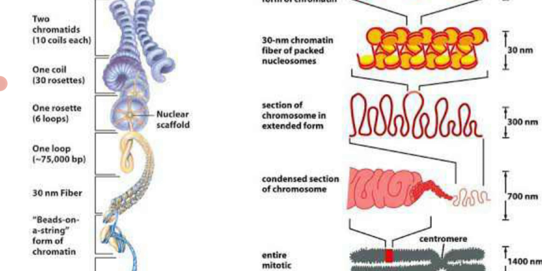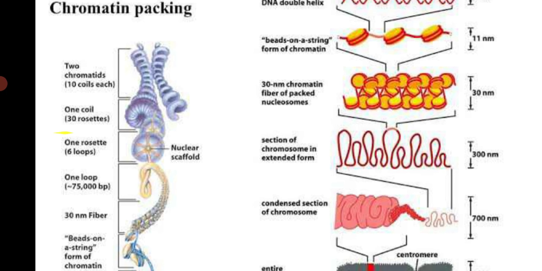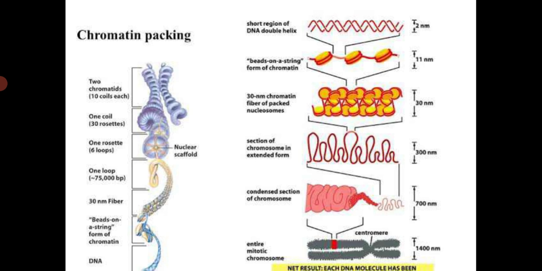A number of rosettes form a coil-like structure. One coil has 30 rosettes, and 10 coils are there in each chromatid. This is the packaging of chromatin.